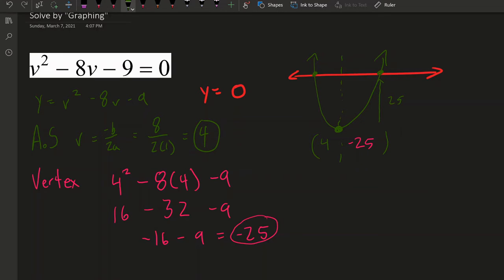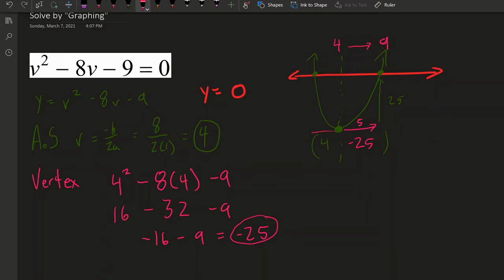So, based on the behavior of the parent graph, I know that in order to go up 25, I'm going to have to move to the right by 5. So, knowing that the axis of symmetry is at 4, if I move to the right by 5, this intersection right here must be 9.